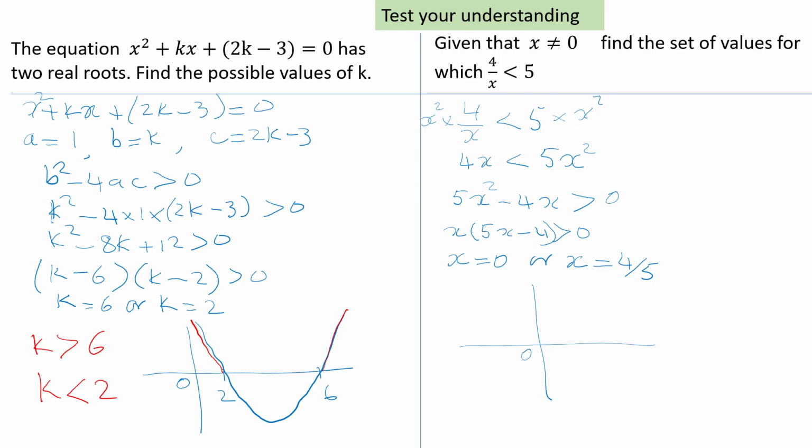This is 0, this is 4 over 5. This function is greater than 0, so above the x-axis. The inequality is x greater than 4 over 5 or x less than 0.